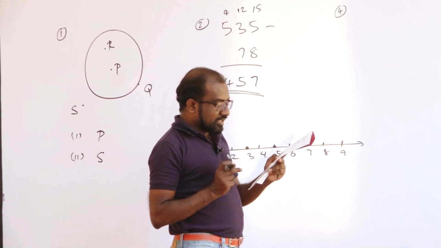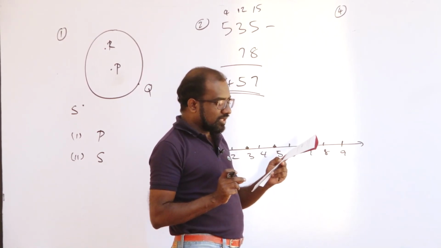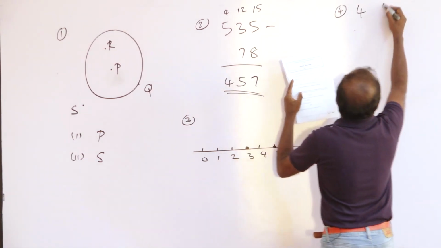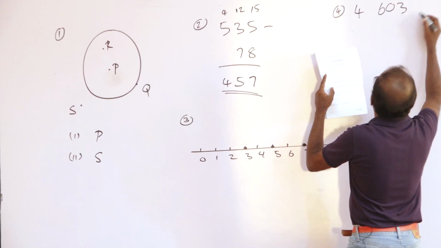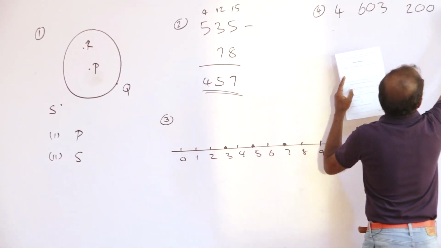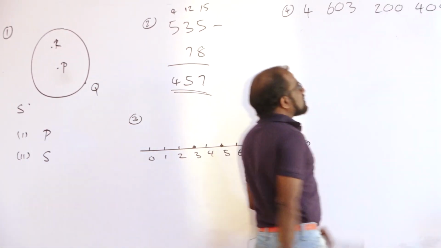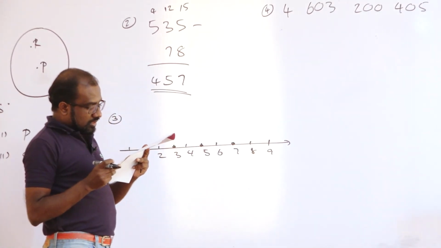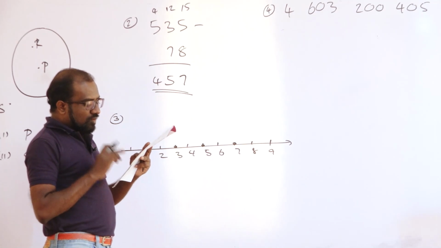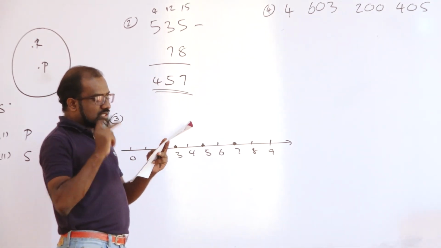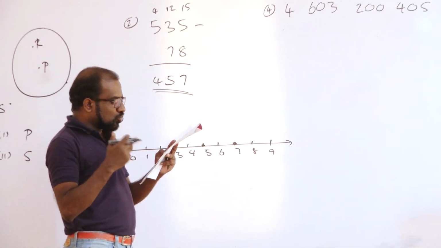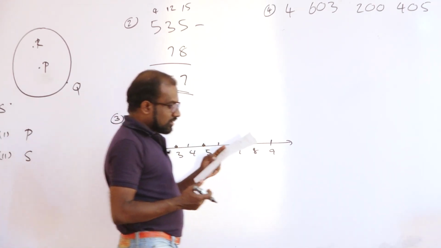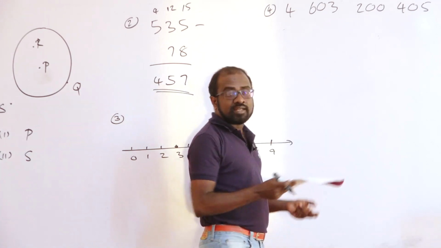Correct it, a very slight change to do. This is the number given. This number has been written as 4,603,200,405 by a student. So write down his mistake and correct it.